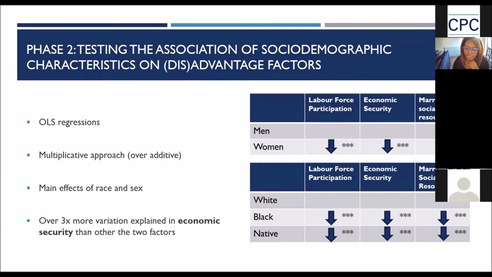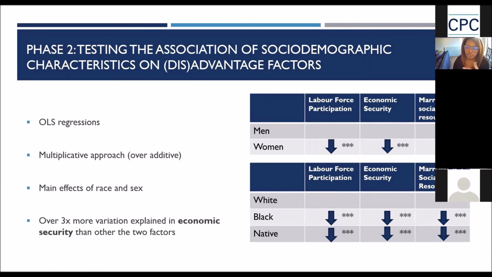For the other racial categories in the analysis, Asian, Pacific Islanders, other races, and mixed races, the results show that they are more advantaged than the reference category in some factors and less so in other factors on average.